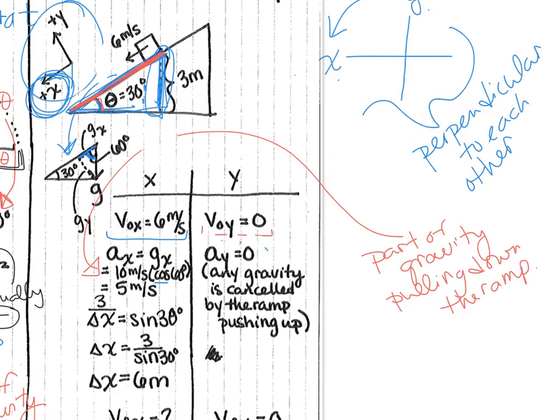So if this is 30 degrees, this is opposite of my angle, opposite over hypotenuse is going to be sine 30 degrees. So 3 over delta x equals sine 30. You can see that math here. And I rearrange this and I get delta x equals 6 meters. So that's how far down the ramp I would move.